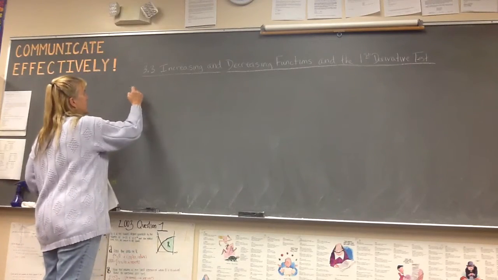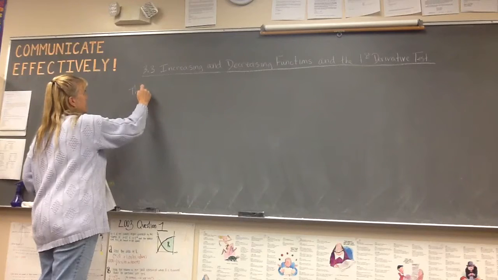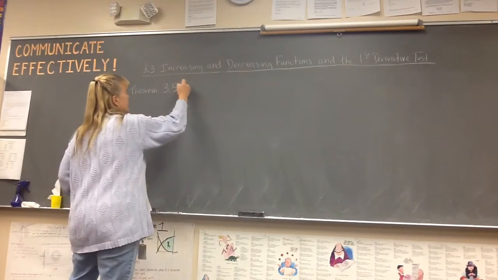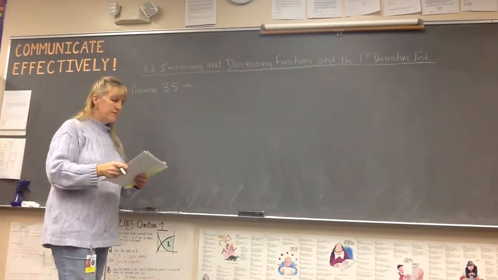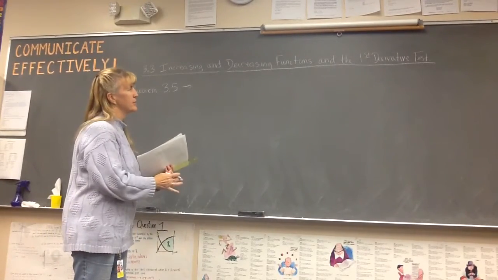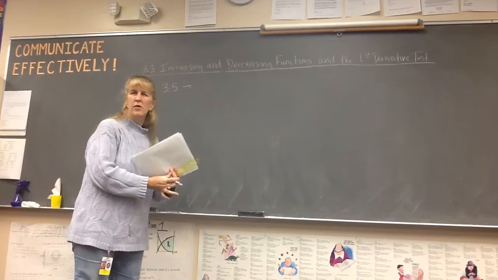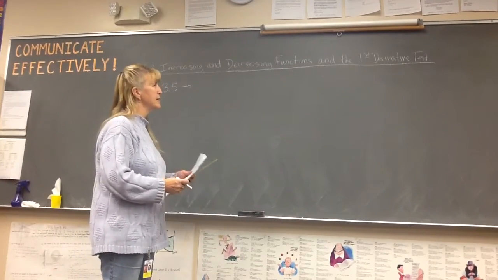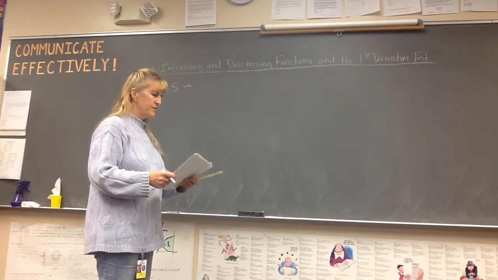I've got one more thing I have to give you before we hit that test. This is theorem 3.5. And theorem 3.5 is in 3 different parts. One for a positive slope, one for a negative slope, and one for a 0 slope. So we'll talk about that real quick, and then we'll get into our first derivative test.